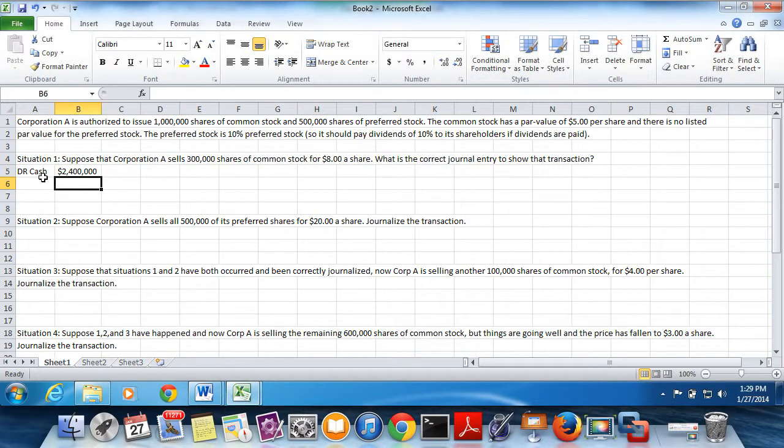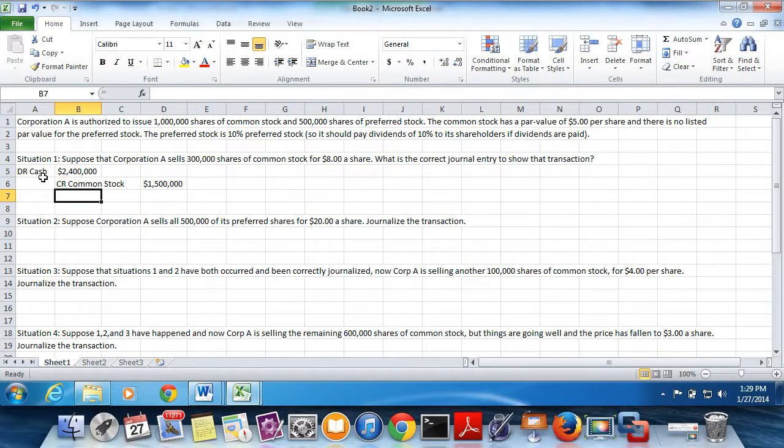And then I'm going to come down here and first credit common stock. Remember, when we credit common stock, we're just looking at what the par value is, if there is one. So 300,000 times the $5 par value gives us 1.5 million.